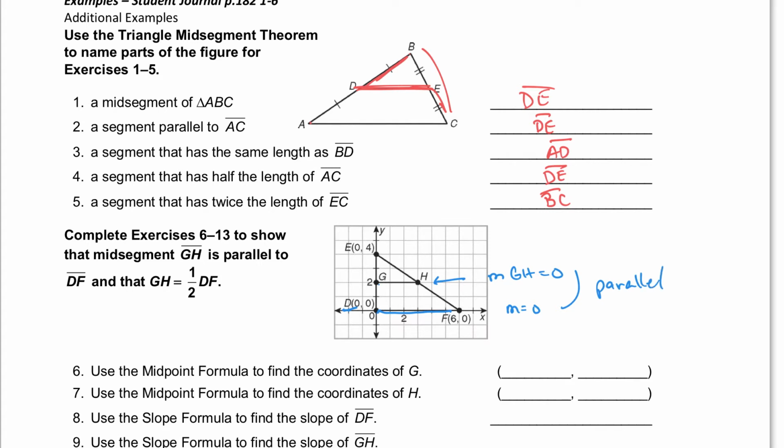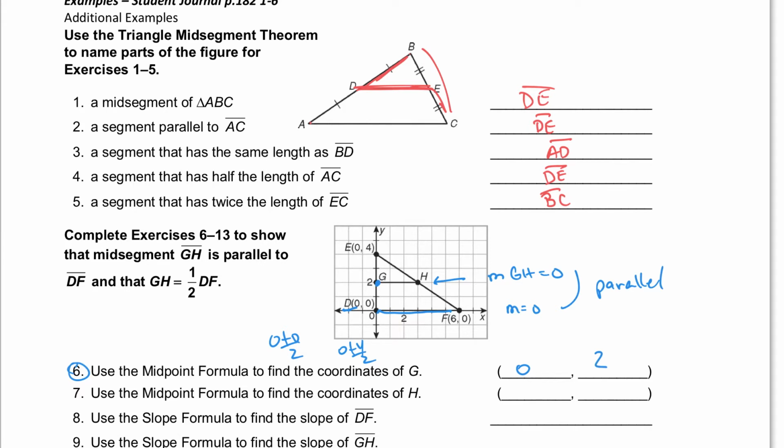And then over here, for number 6, it says use the midpoint formula to find the coordinates of G. Well, the coordinates of G, we can just pretty much count it. We don't need to technically use the midpoint formula because we're going 0 plus 0 over 2, so that's 0. And then 0 plus 4 over 2, and that's going to be 2. So it's at 0, 2.